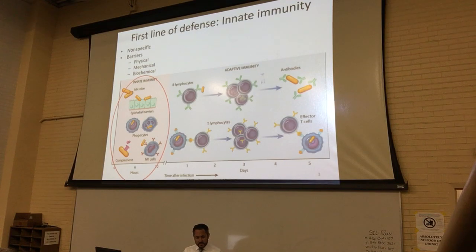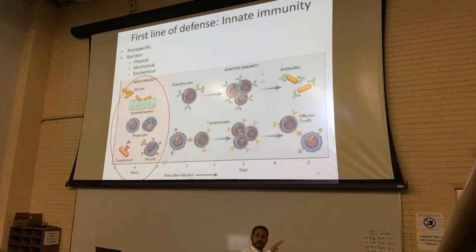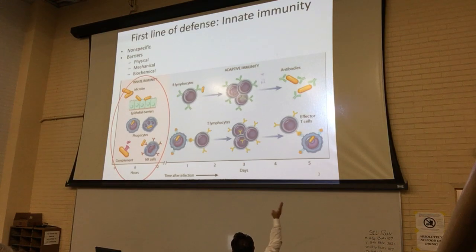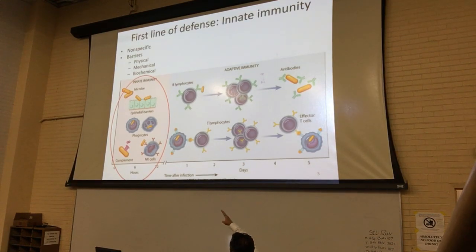And then you can see on the left side of the slide we've got all these other things that are going to be happening on the adaptive side. The innate immunity, where there's barriers, phagocytic cells, complement, all of those things are part of the innate immunity as our first line of defense.